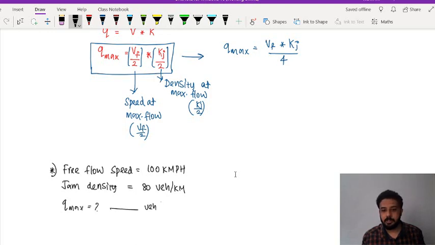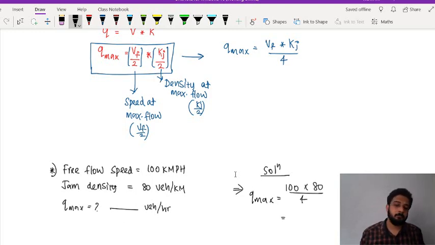Okay, vehicles per hour. See, if you take kilometers per hour, multiplied by vehicles per kilometer, you are going to get vehicles per hour, right? So how can we calculate? Simply Q max is equal to Vf is 100, Kj is 80, divided by 4. So how much will you be getting? 8000 divided by 4, 2000 vehicles per hour.